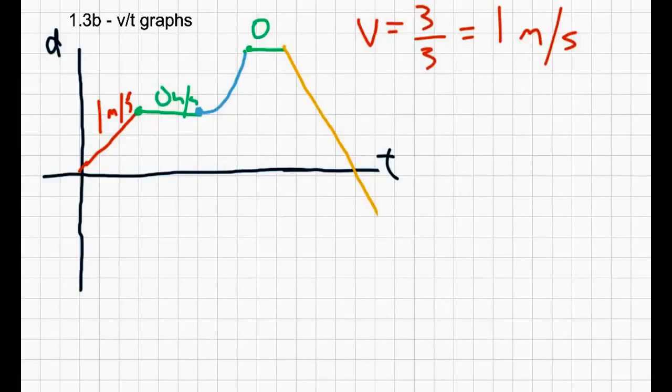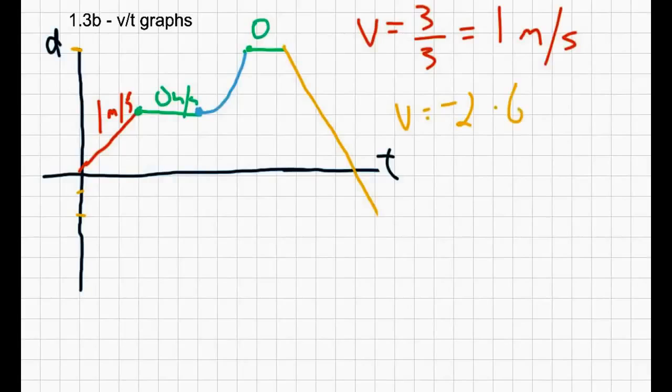The yellow one is a downward slope. So it makes sense that it is velocity again, but now it would be negative. So in this case, if you look at the distances, we're going from a distance of 1, 2, 3, 4, 5, 6 up, and we're going down to a distance of 2 below. So we're ending at -2.